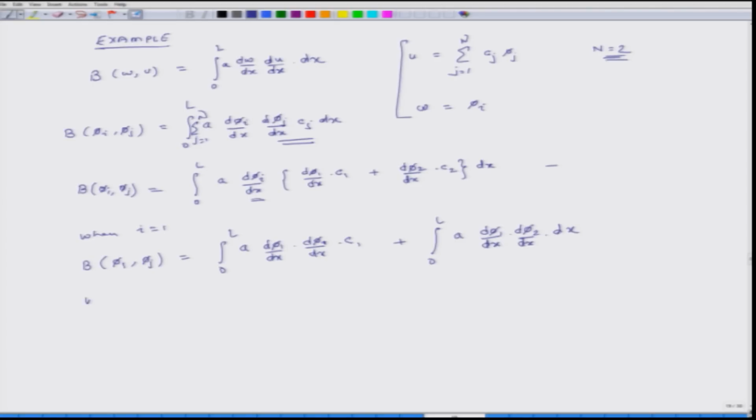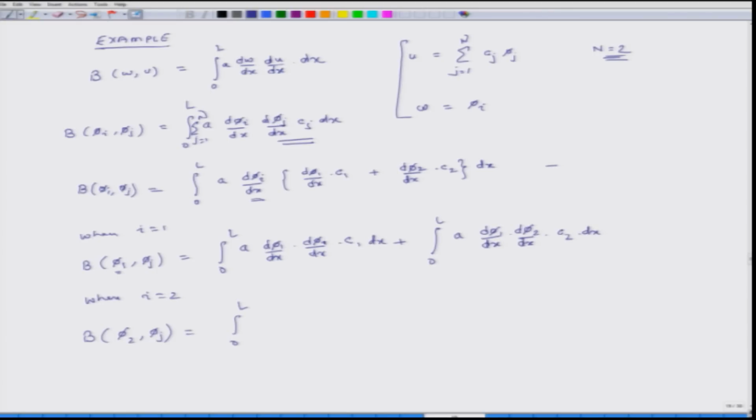And when i equals 2, then my B functional is, so here instead of 1, now I will put 2, right, and this equals integral 0 to L, C2. Where should I put C2? And there has to be a dx also here.